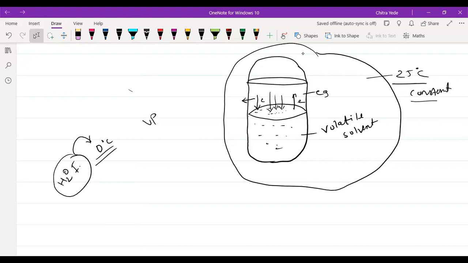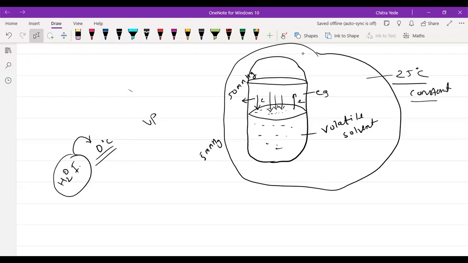Here the vapor pressure is, let's say, 50 mmHg. And the vapor pressure of ice, let's say, is 5 mmHg. I'm just taking an example.